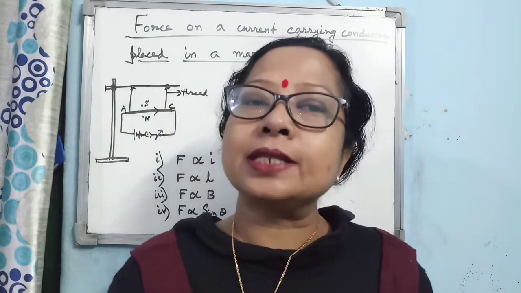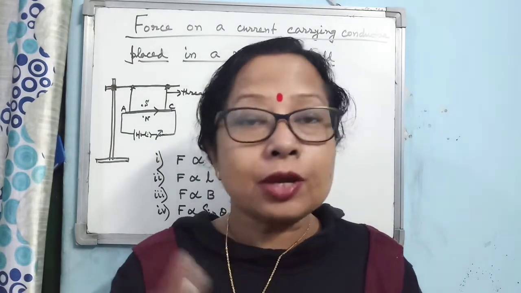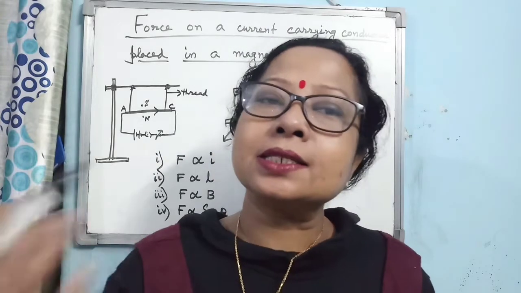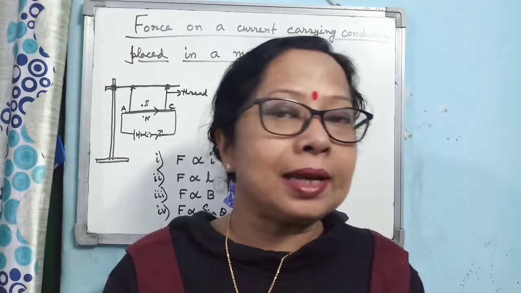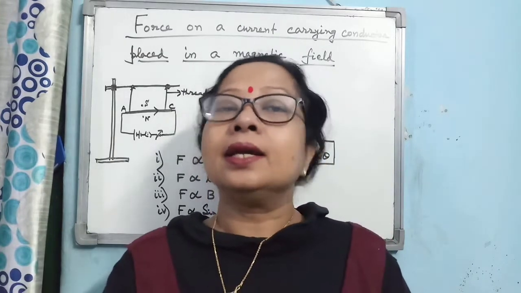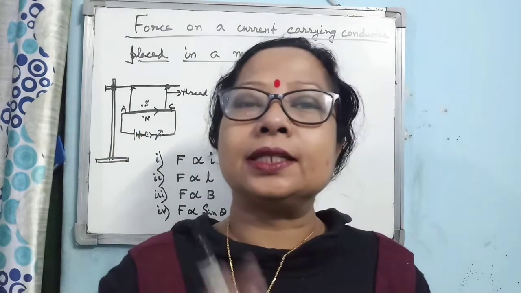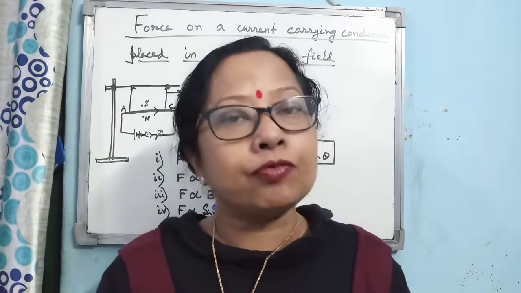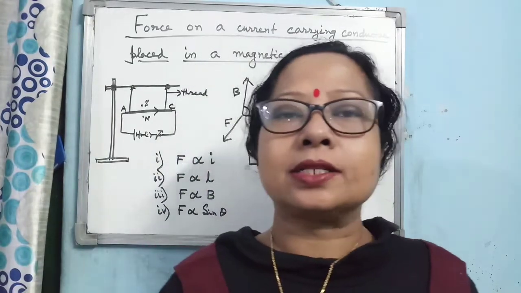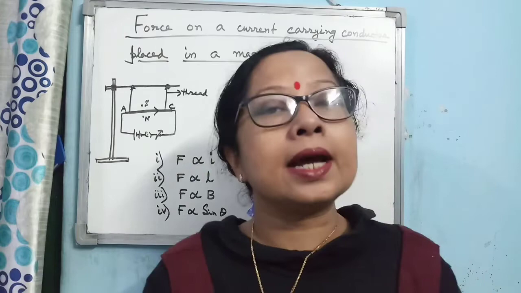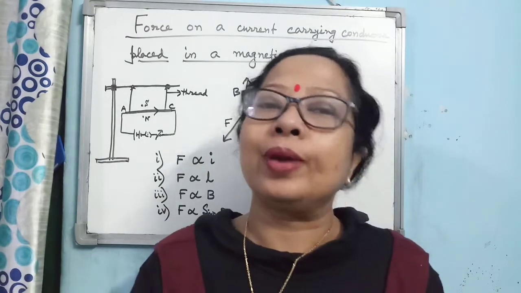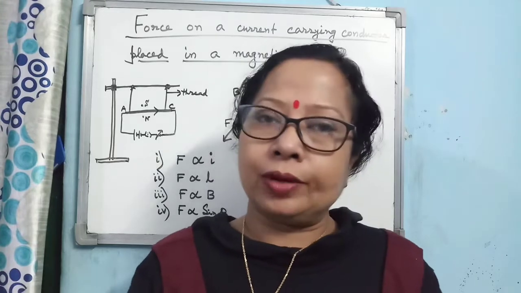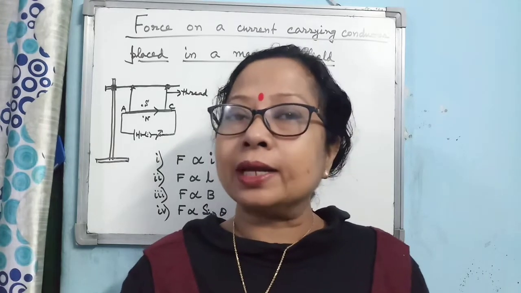That is the force experienced by one charge, Q amount of charge. If you consider the current I equal to Q by T, all the moving charges experience a force. The total force experienced by all the moving charges is the net force acting on the current carrying conductor when placed in a magnetic field. This is one way one can explain.